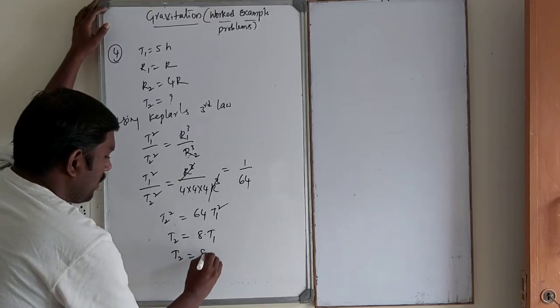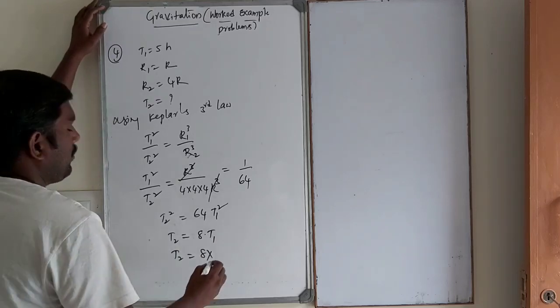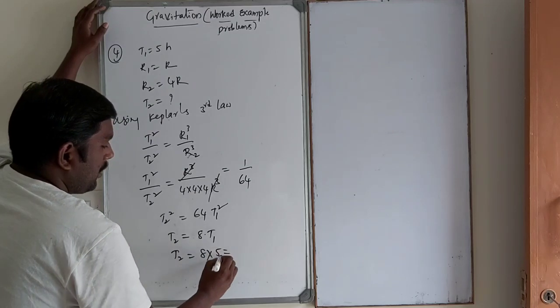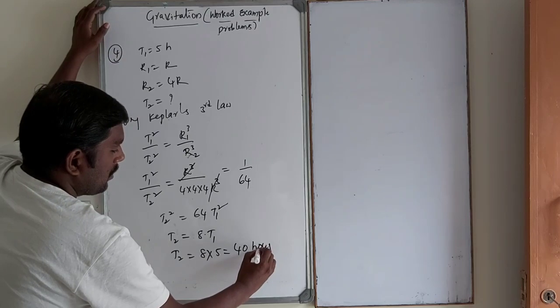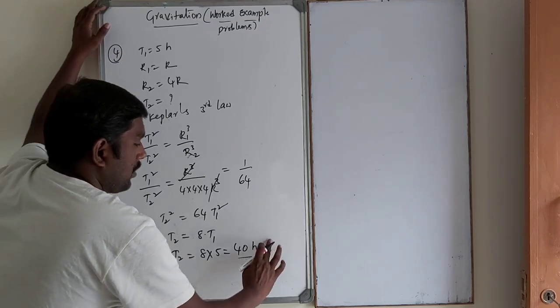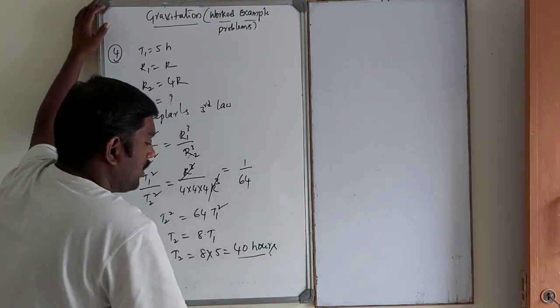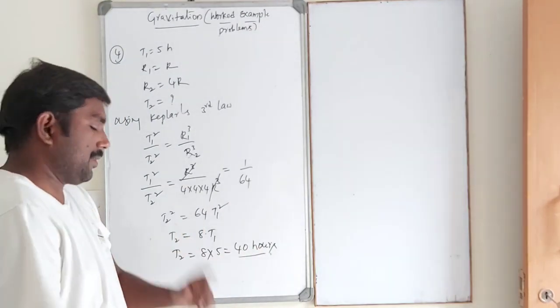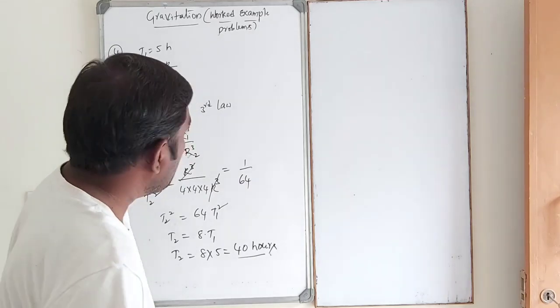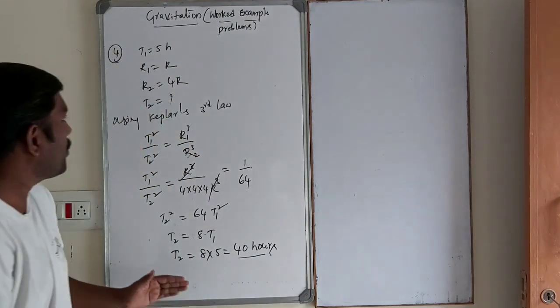T2 is equal to 8 into the value of T1, which is 5. 8 into 5, 40 hours. That is the answer. T2 is equal to 40 hours. That is a simple numerical problem.